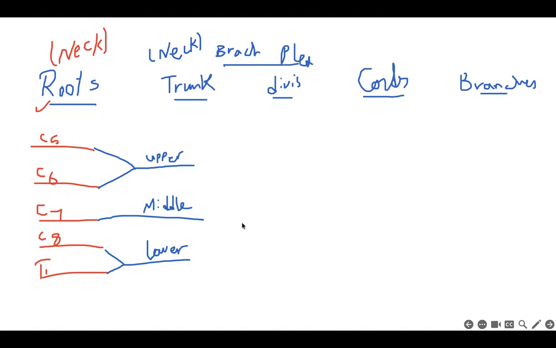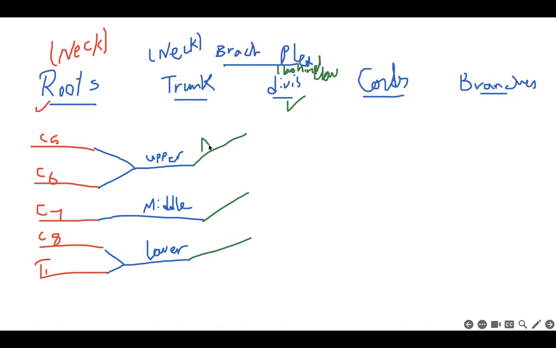After that, every trunk will go to the division, and the division is behind the clavicle. What is meant by division? All the trunks will divide into anterior divisions.